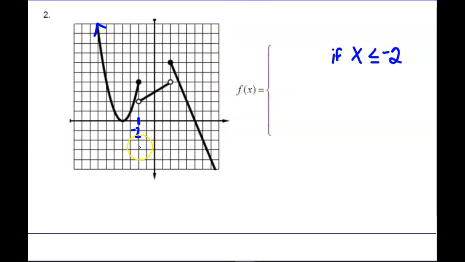All right, then the next chunk goes from here to here. So that is sandwiched in between what two numbers? -2 from the left to +2 on the right. And they're both open circles, so we just need less thans.